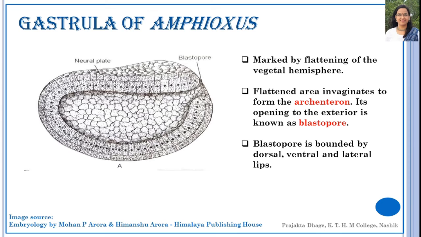So basically, when we talk about gastrulation, there is formation of 3 germ layers: ectoderm, endoderm and mesoderm. Also, a cavity called the gastrocoel will be formed.